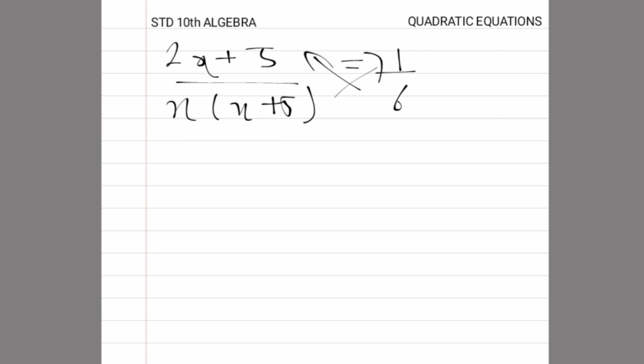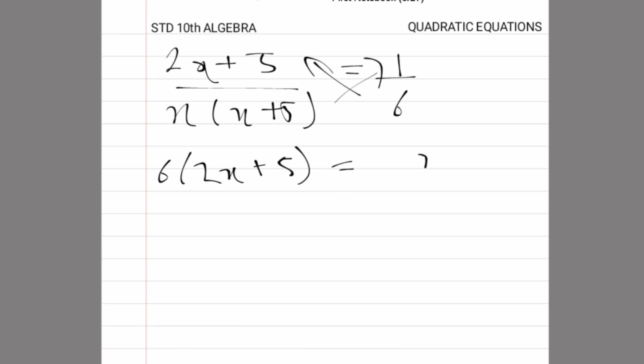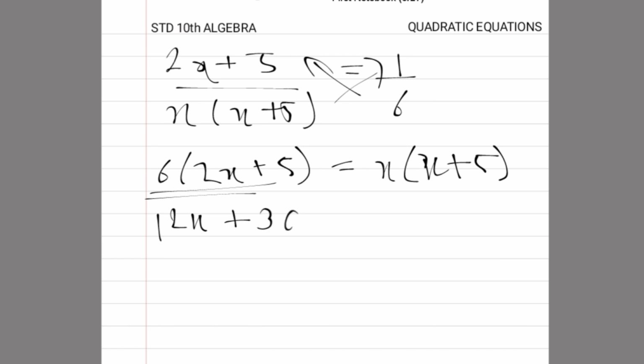What we get is 6 into (2x plus 5) is equal to x into (x plus 5), right? We have to multiply these brackets. What we get is 12x plus 6 into 5 is 30 is equal to x square plus 5x, right?